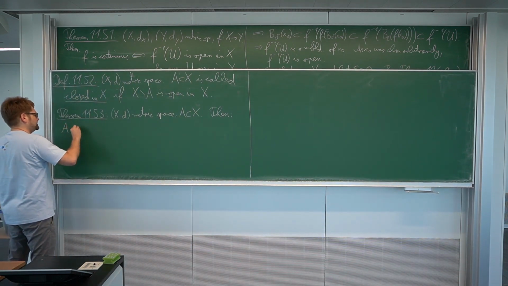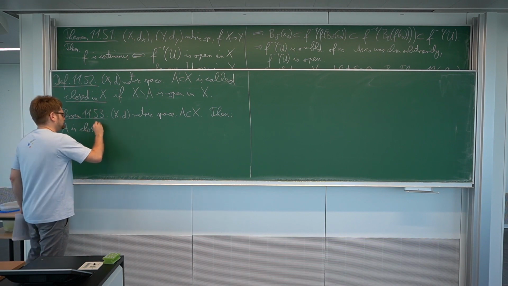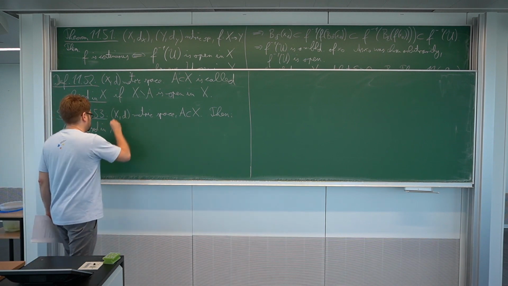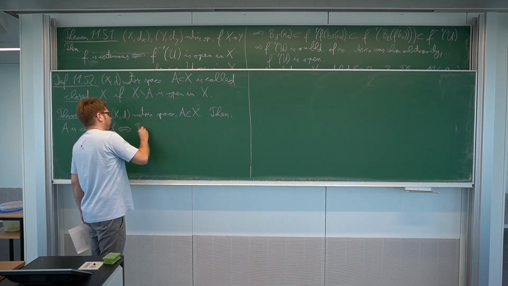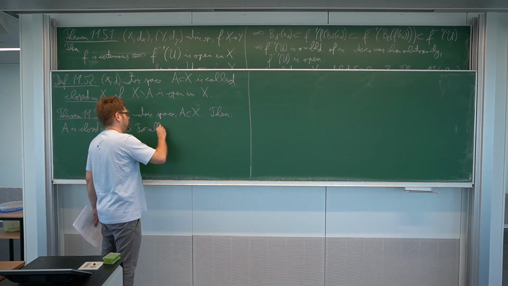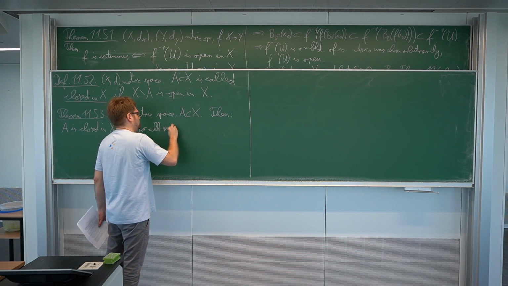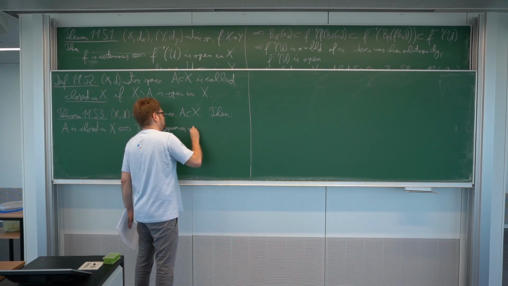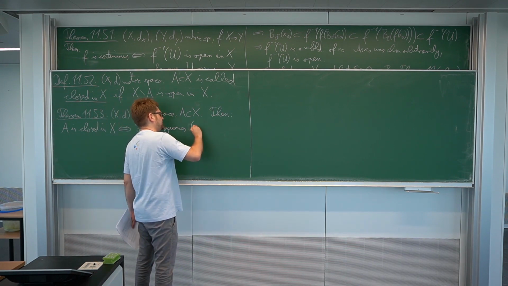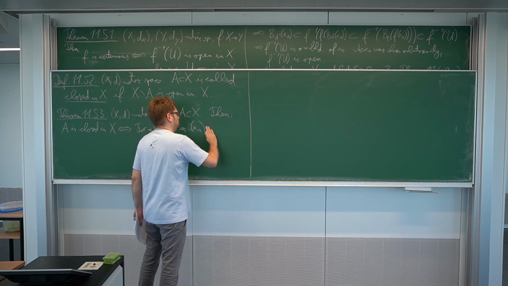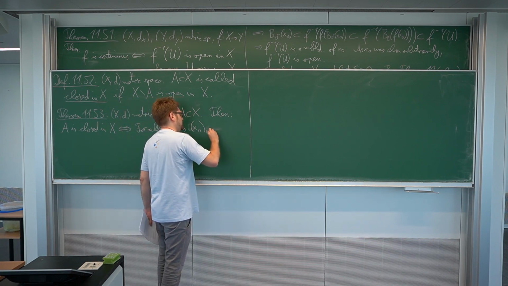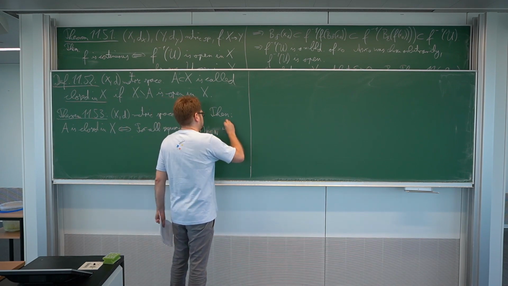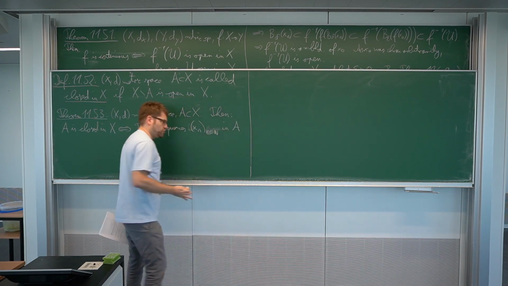So A is closed in X if and only if for all sequences, let's call them Xn, in A, which converge in X, we know the following.